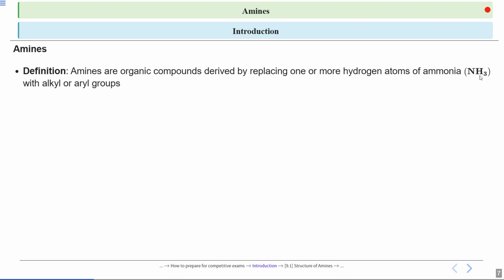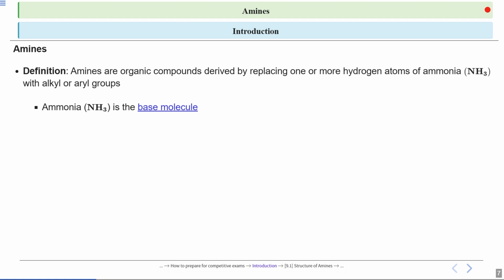So this is ammonia, NH3. When you replace one or more hydrogen atoms in ammonia with alkyl or aryl groups, then the structure which we get is amines. That means you are starting with ammonia, that is NH3, and you swap out hydrogens for other groups like alkyl or aryl groups.